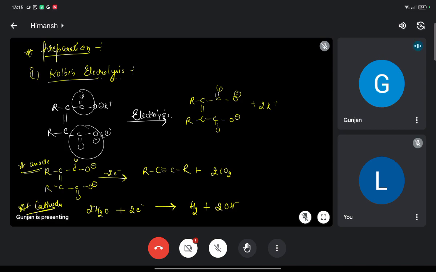So overall we can write the final products of the reaction. CO2 is a final product, hydrogen is also a final product, and potassium and OH from here give KOH. When we do electrolysis of it, we write R, C triple bond C, R plus CO2, KOH and hydrogen gas.